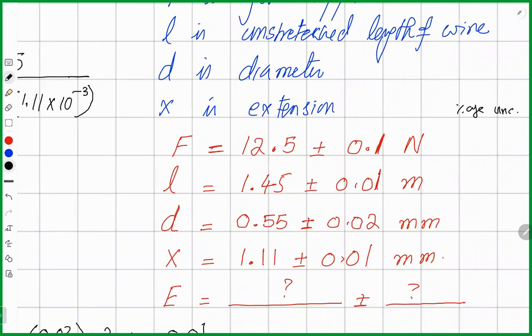So what will be the percentage uncertainty for the first one? It will be 0.1 divided by 12.5 into 100. So is it 0.8? Yes.